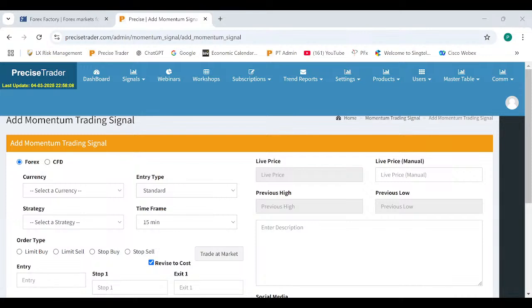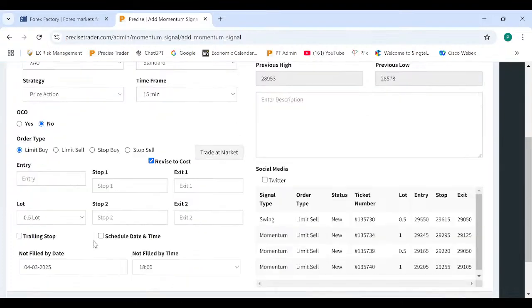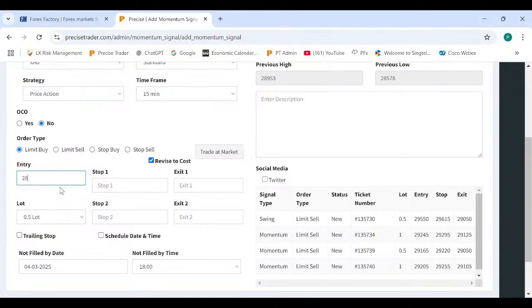Okay. So we are going to go and buy gold. We just put in a limit buy order at 2898 and stop at 2894.